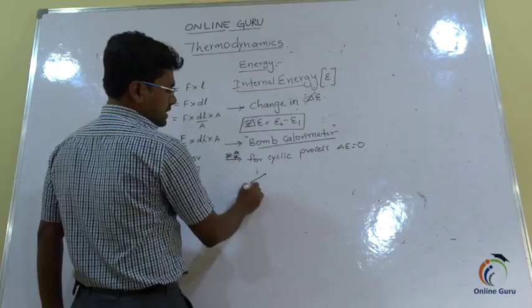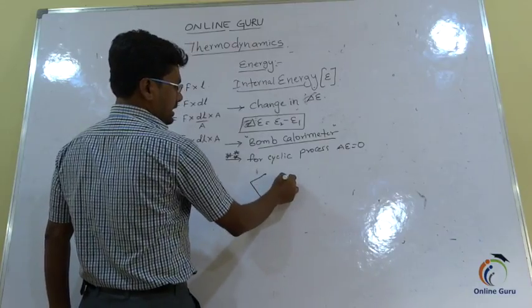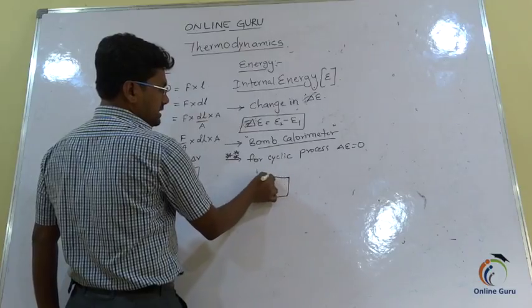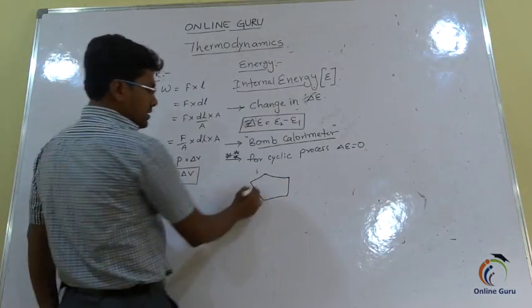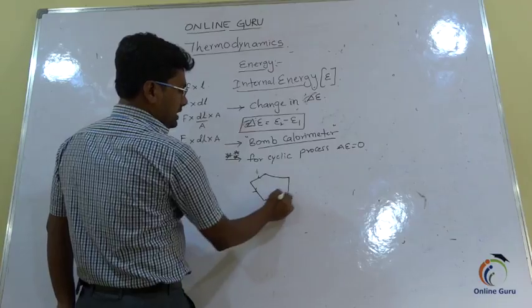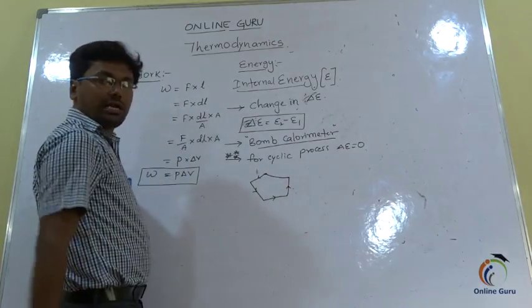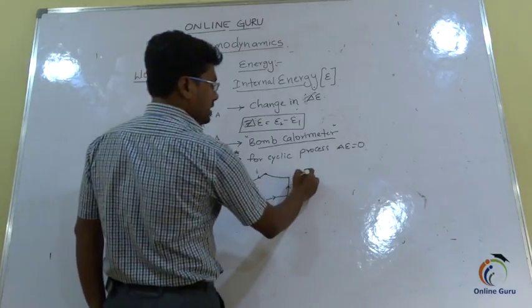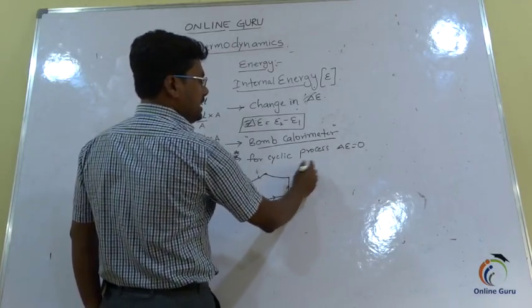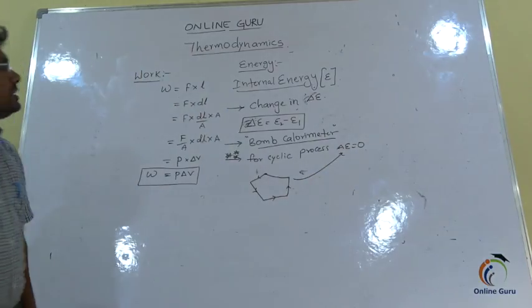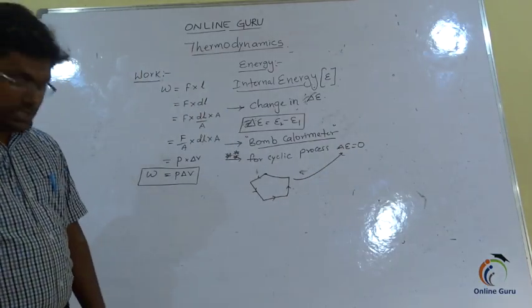This is the first change, second change, last change, and finally, cyclic means it reaches its initial point. In a cyclic process the initial and final states meet, so there is no change in internal energy. Hence we can take delta E equal to 0. So this is about internal energy.